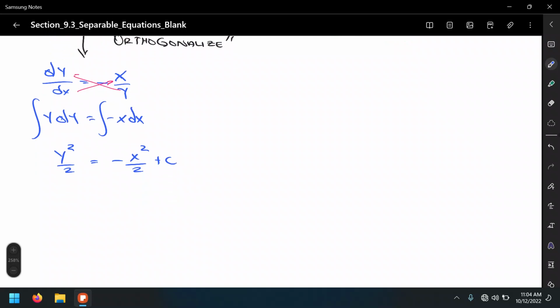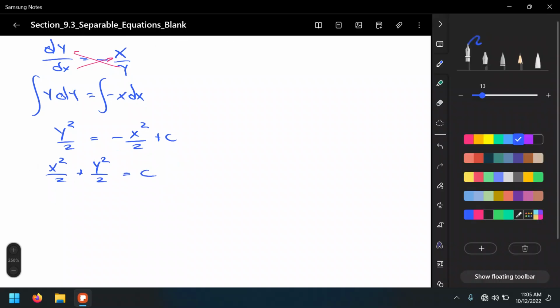So let's have all the variables on the left hand side. That's x squared over 2 plus y squared over 2 equals c. And if we further simplify this by multiplying both sides by 2, the 2's cancel, leaving us with x squared plus y squared equals, what is c times 2 again?